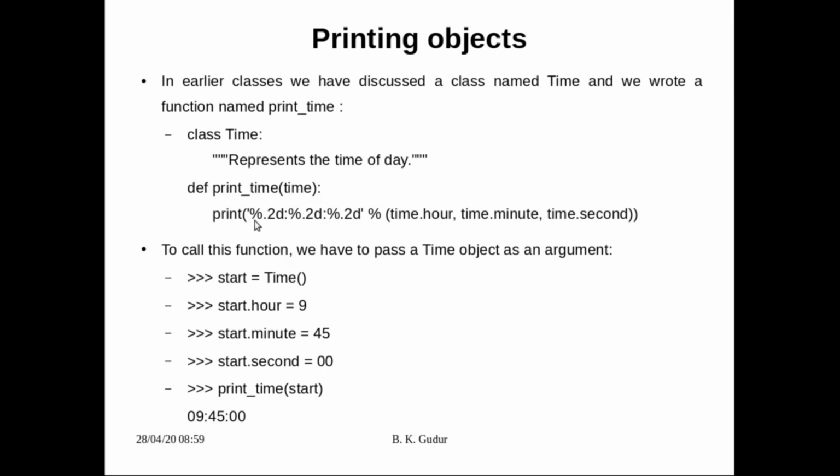To call this function, we created a new object called start, which is equal to Time. We initialized all the attributes, and later we supplied this start object as an argument of the print function, which returned a result, 9 hours 45 minutes and 0 seconds.